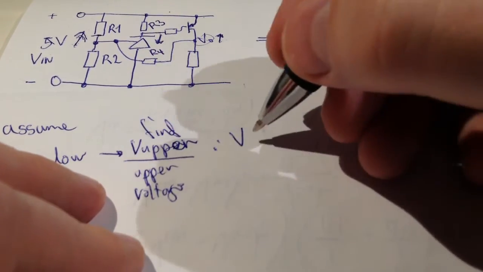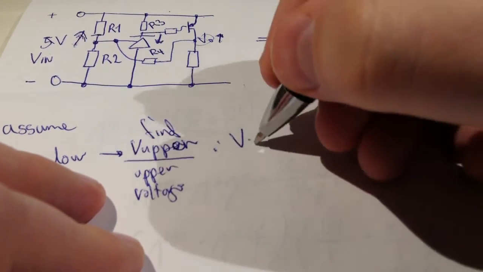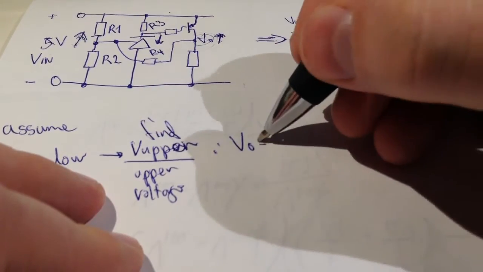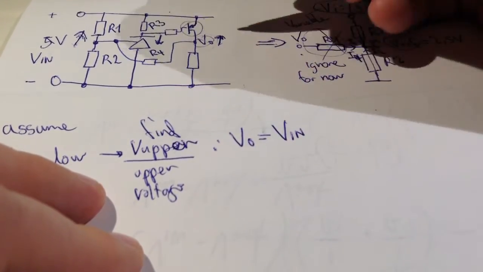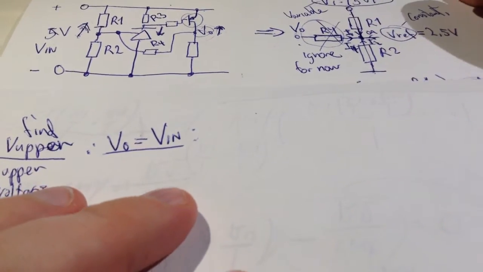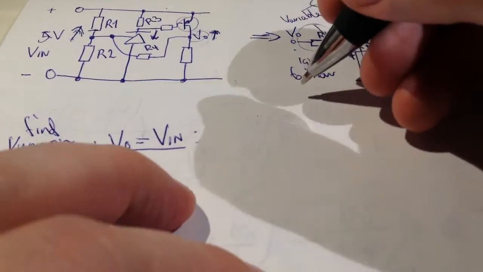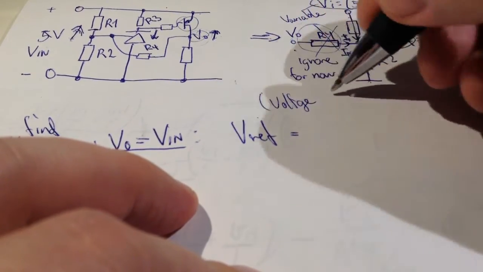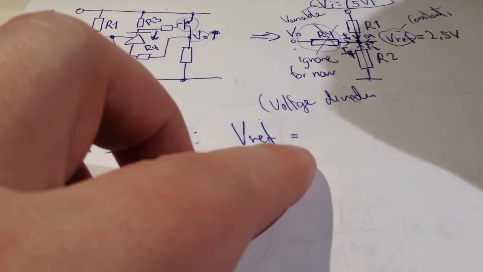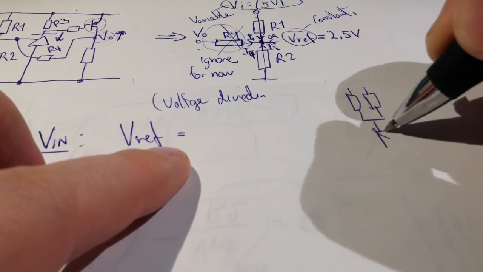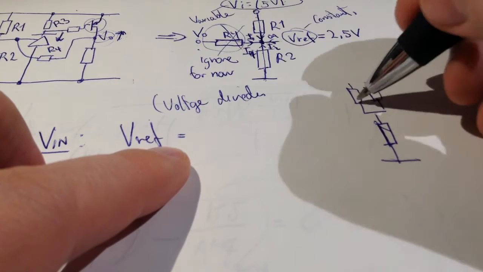Okay, so we assume the voltage is low, so then we are looking for the upper limit. And then we know that when the output goes up, the voltage there is the same as V out.